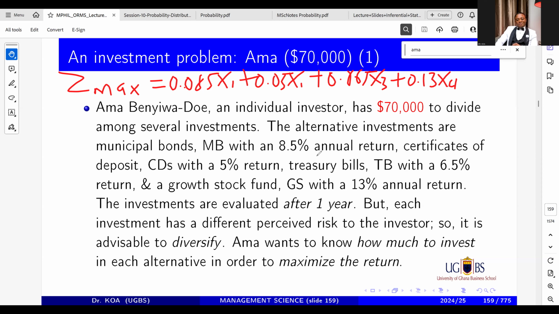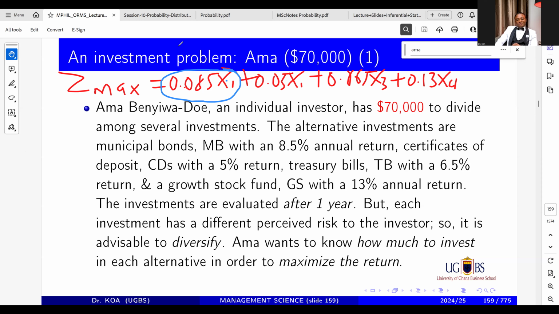Once you formulate the objective function like this, you should know what each one means. So if I were to ask you that what I have circled here, let's say municipal bonds, I'm circling one of them here. What does it stand for? What I have circled, what does it mean? Who can tell me?